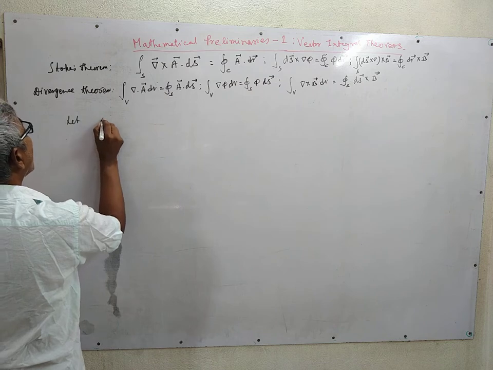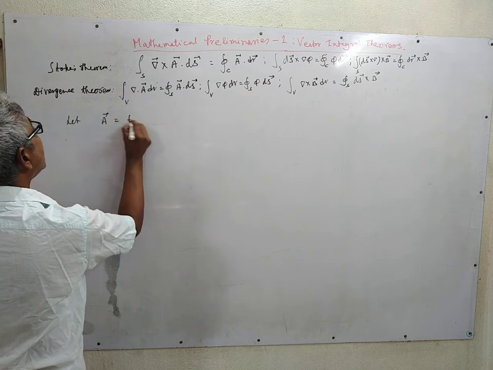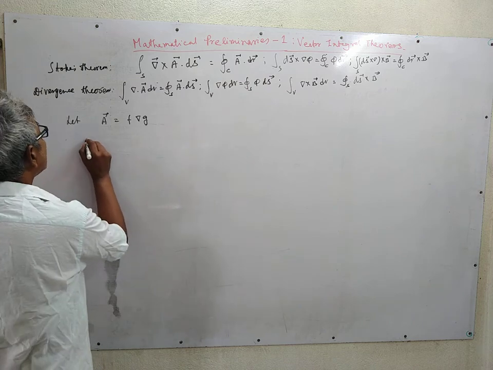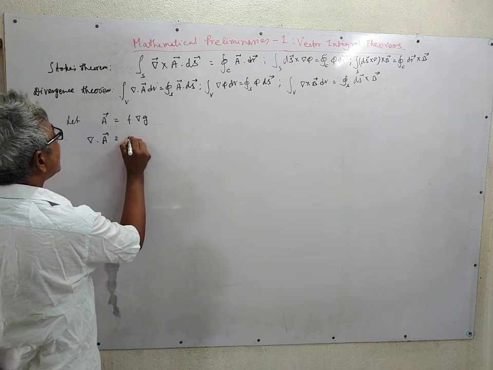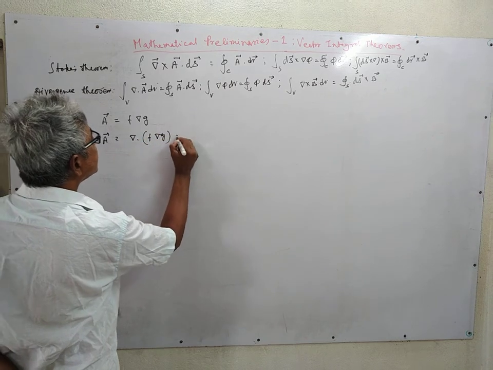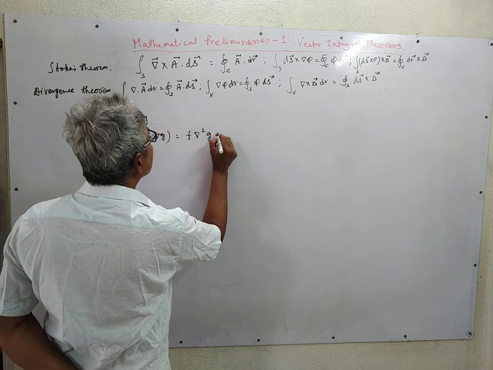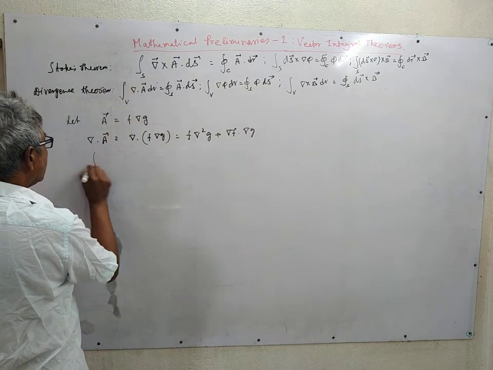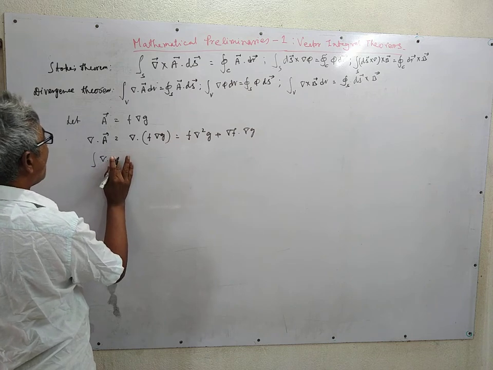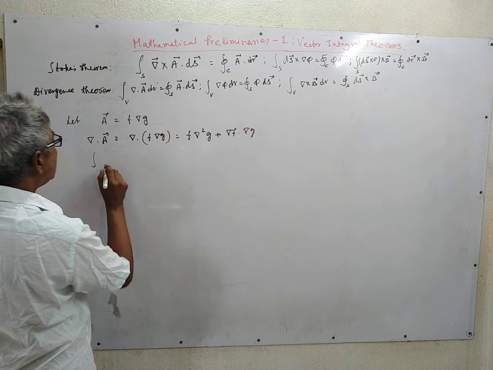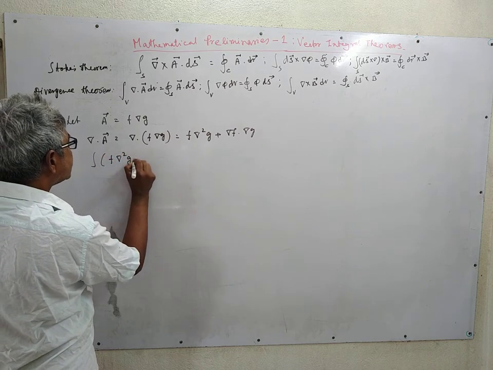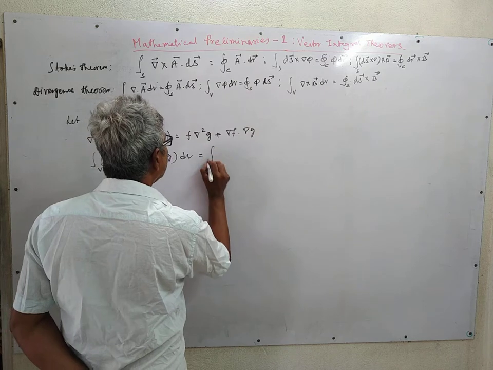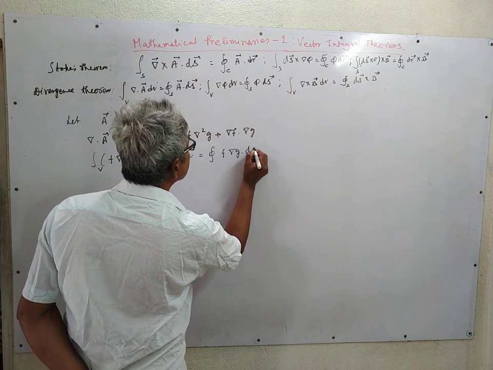Let us write vector A of this divergence theorem as f times grad g, where f and g are scalar point functions having well-behaved forms, so that divergence of A is equal to divergence of f times grad g, and if we apply the theorem, then divergence of f times grad g over V is equal to surface integration f grad g dot ds.